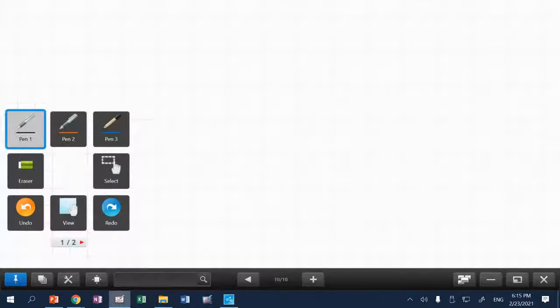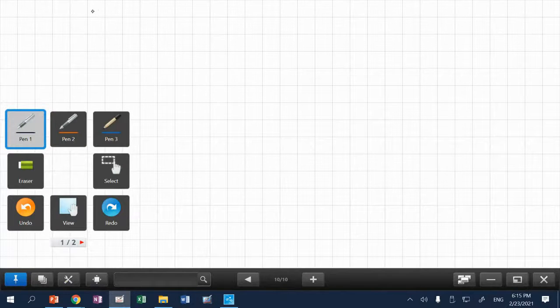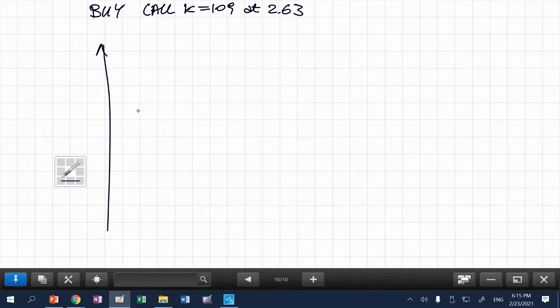I move on the other side here because it's easier to make drawings here. So we make a strategy in which we buy the call strike 109 at a premium of 263. Imagine we want to plot now the profit and loss, so now not the value, but the full profit and loss at maturity that we can have from this trade depending on what the future price is going to be, okay?